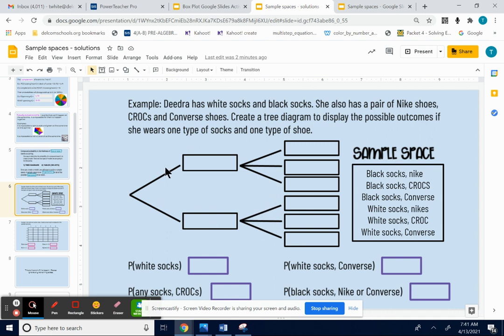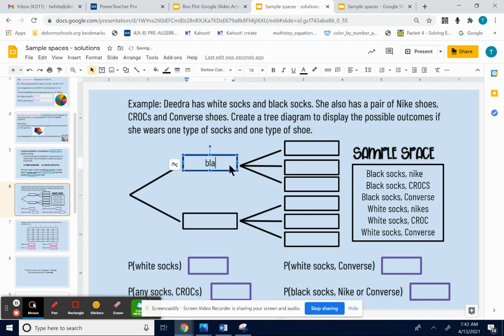The first outcome is the socks, so I'm going to type in black socks and white socks. She's going to wear socks, and she's also going to wear shoes. So we're going to branch off the other event, which is shoes, from the socks.